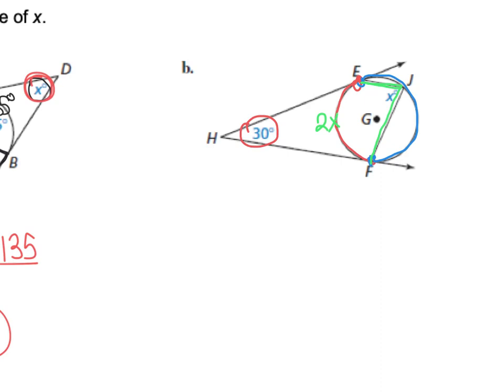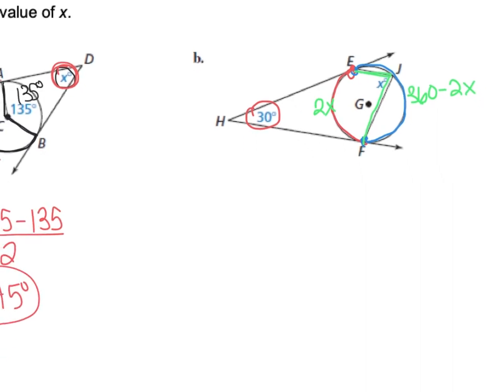And then I also know that that blue arc completes the circle, which means the blue arc is going to be 360 minus 2x. Because if you think about it, let's pretend for a second that that red arc was 100 degrees. Well, the rest of the way around the circle would be 360 minus 100. So it's going to be the same idea.